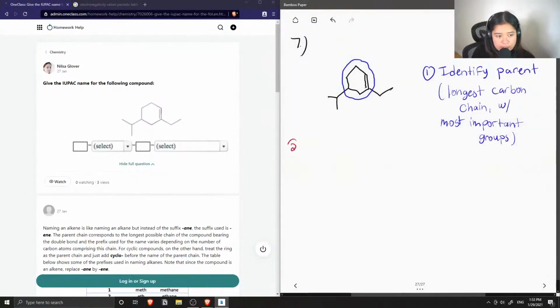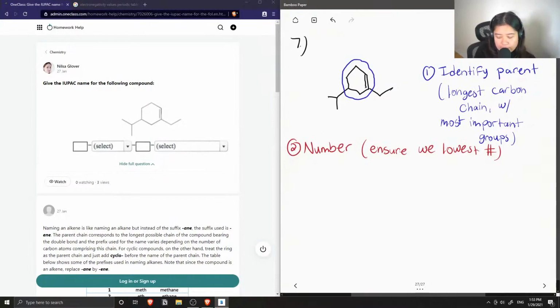So the second step is to number these carbons. And we want to ensure we have the lowest number possible in our final name. So typically when we have only the one double bond, this will tell us that that should be where carbon 1 is, since 1 is the lowest number we can have.